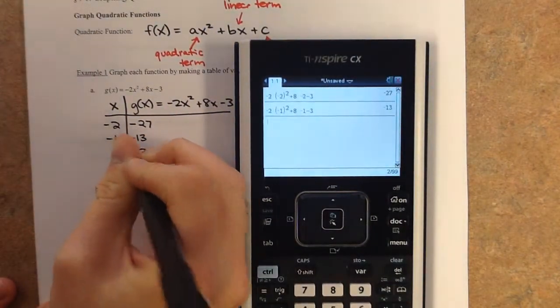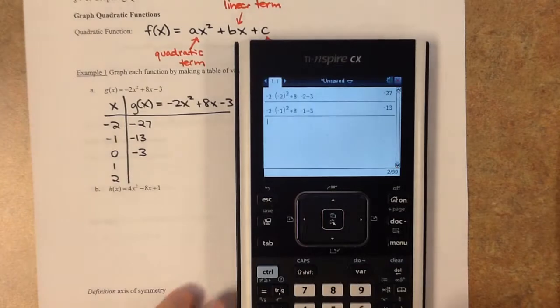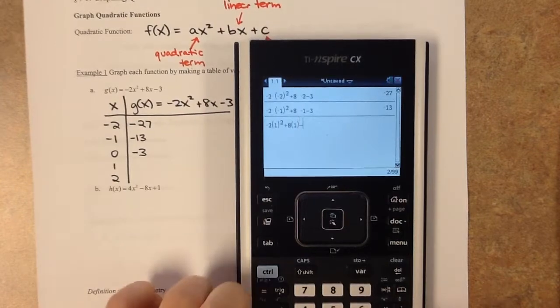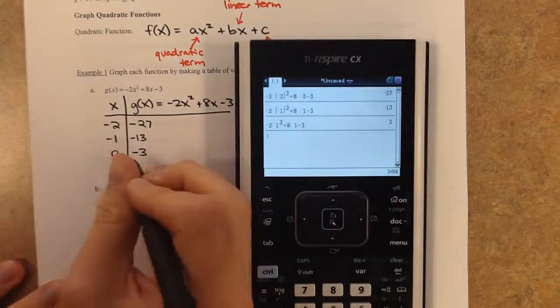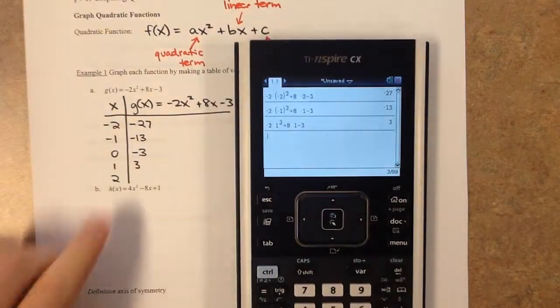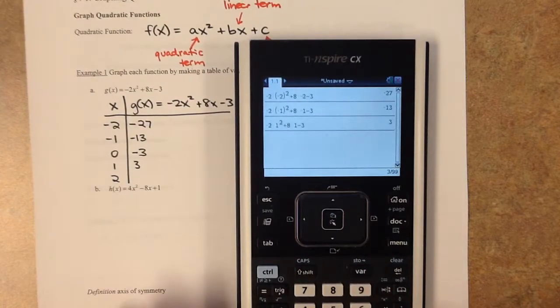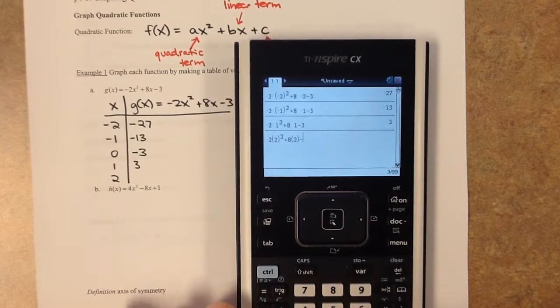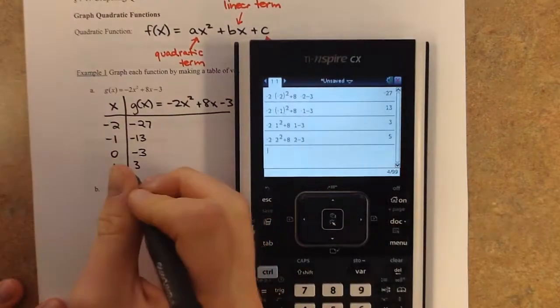And then I can plug in 1, so negative 2 times 1 squared plus 8 times 1 minus 3. This gives me 3. And then the last one here is a 2. So negative 2 times 2 squared plus 8 times 2 and then minus 3. This gives me 5.